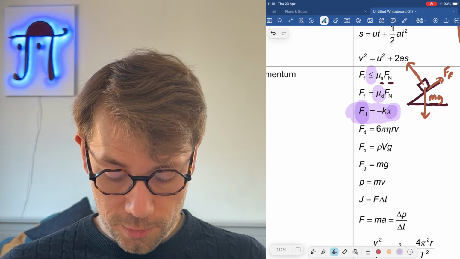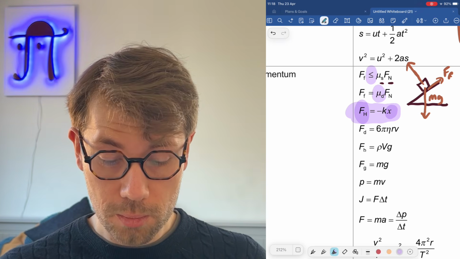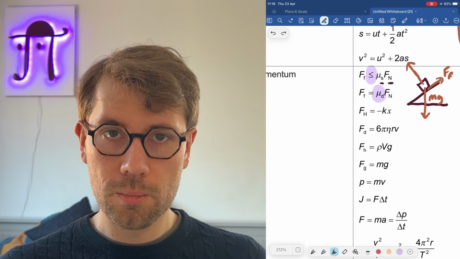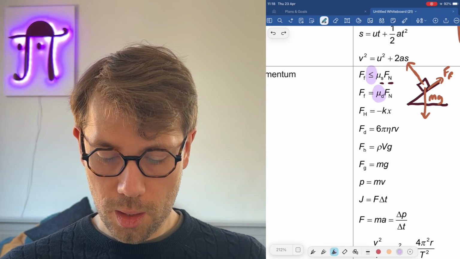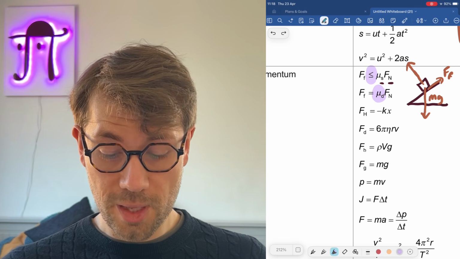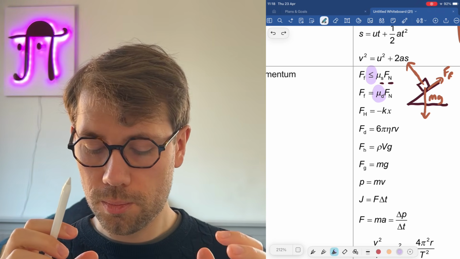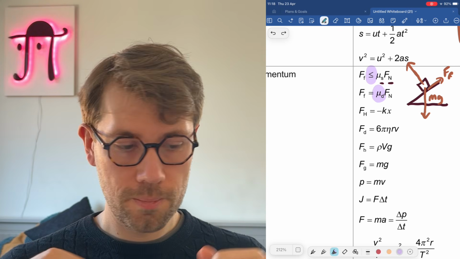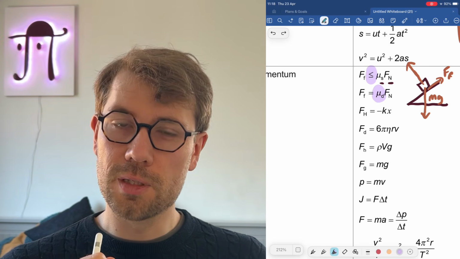The only other thing to note here is the minus sign. And why do we have that minus sign? It's because, again, we've got these vectors, and that must mean that the direction of these vectors is important. So here we're saying that the force from the spring is in the opposite direction of the extension.